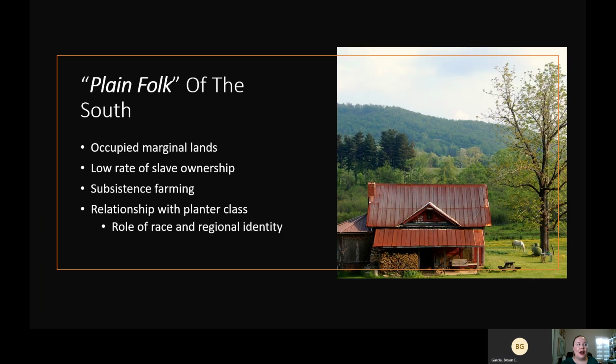Now, the vast majority of people in the South are not planters. They are not fabulously wealthy. Most of the population in the South, what scholars dub plain folk. These are people that are not nearly as successful as the plantation owners, partly because a lot of these folks occupy land that we would call marginal.